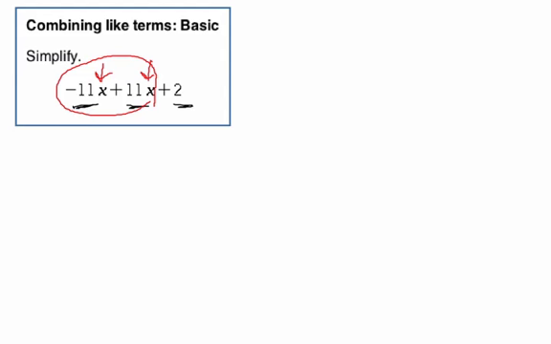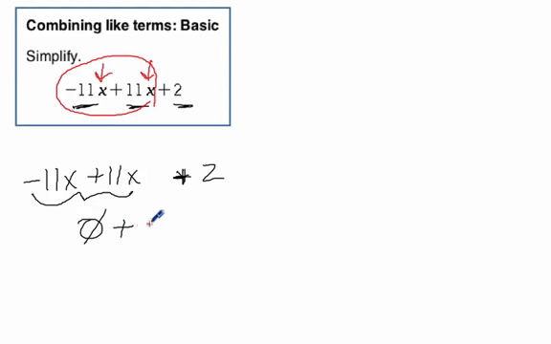We can combine the like terms of negative 11x plus 11x, and then we have our plus 2 over here. These two go together, and that comes out to be 0. 0 plus 2, so we'd write our final answer as just 2. We don't write 0.